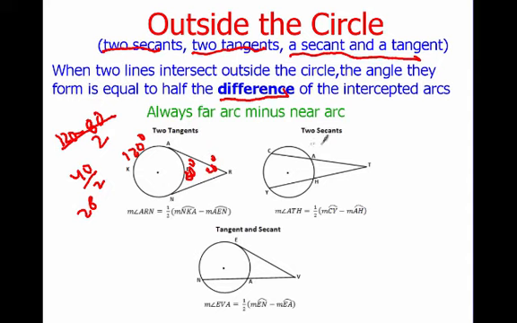We do the same thing on this example. Let's think of this a little differently, though. What if I told you this was, say, 35 degrees? We'll call this one 60 degrees.